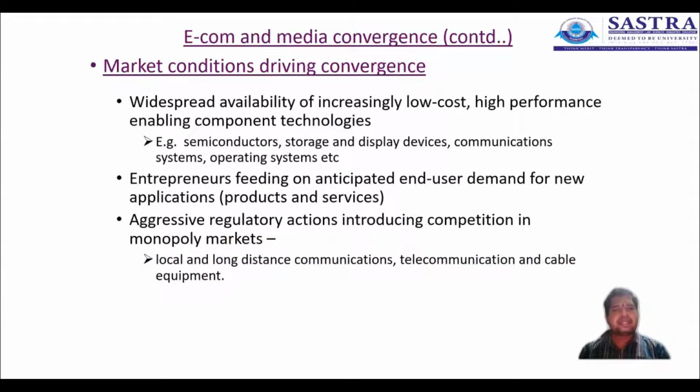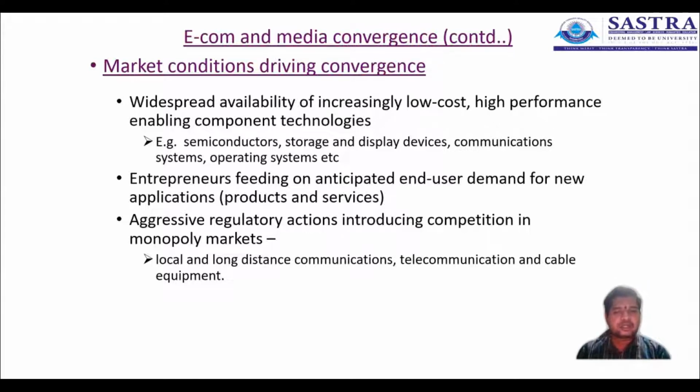Next, the marketing conditions driving convergence are widespread availability of increasingly low cost, high performance enabling component technologies, for example semiconductors, storage and display devices, communication systems, operating systems, etc. So these entrepreneurs are feeding an anticipated end user demand for new applications, products and services. So aggressive regulatory actions are introducing competition in monopoly markets. Okay, we are having two types of markets, so we are going to see that in the third unit.